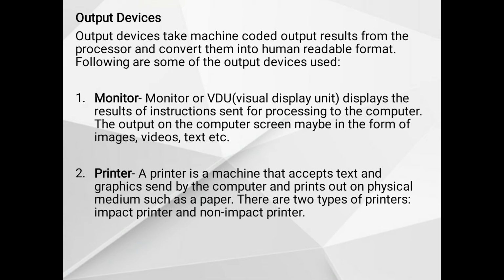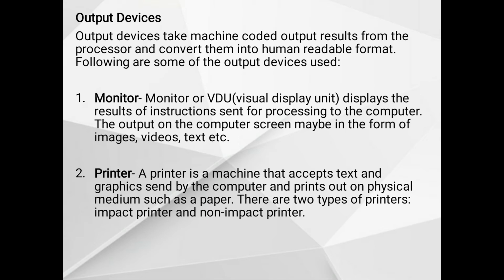The first one is the monitor. The monitor, which is the computer screen, is also called the visual display unit, in short VDU. It displays the result of instructions sent for processing to the computer.